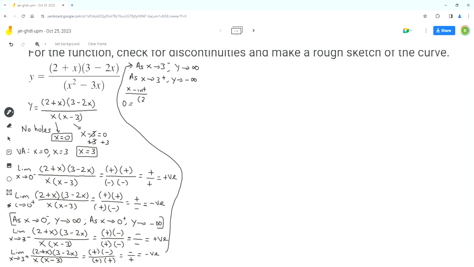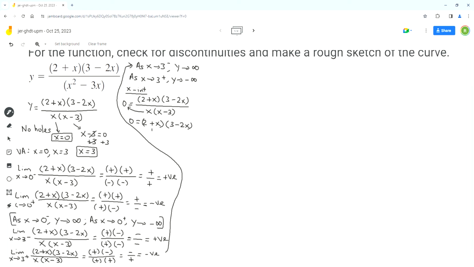So it's (2 plus x) times (3 minus 2x) over x(x minus 3). Now we can cross multiply the denominator because we have to solve for x. So 0 times (x minus 3) will become 0. So we get 0 equals (2 plus x) times (3 minus 2x).